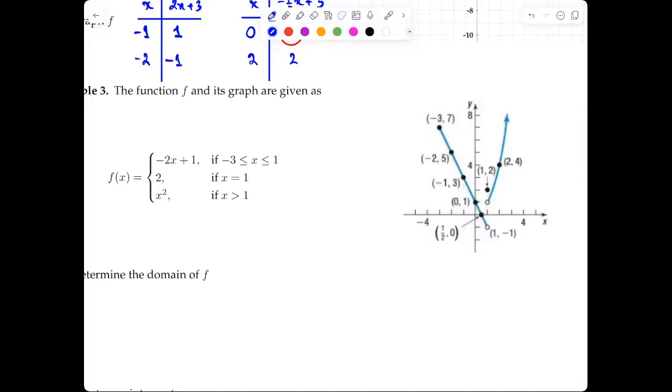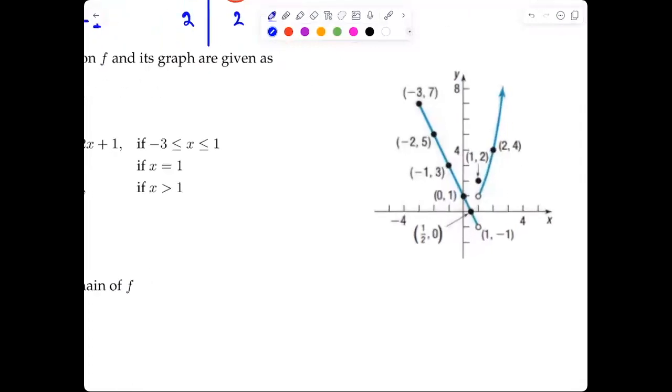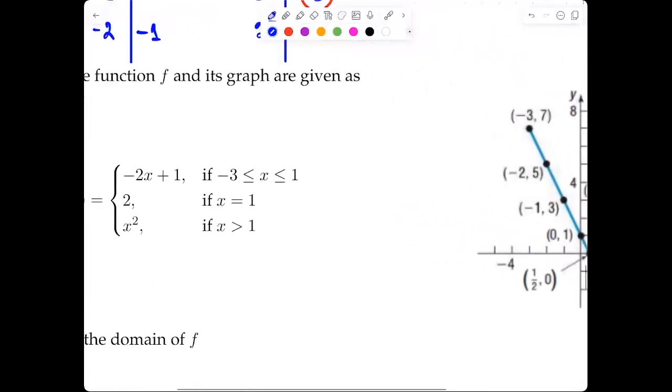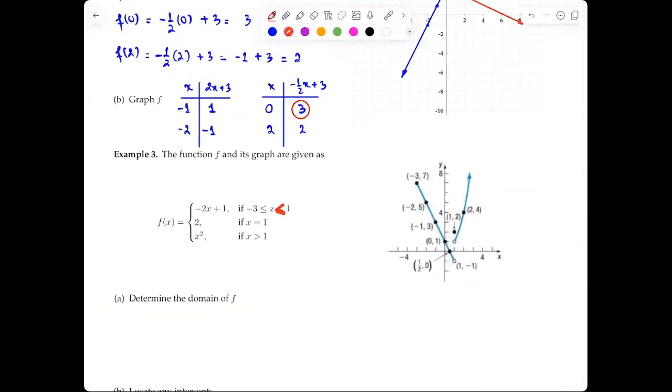Sorry, this is wrong. Can you remove this equal sign? So this should be removed. Just strictly less than 1. So x is greater than or equal to -3 and strictly less than 1.